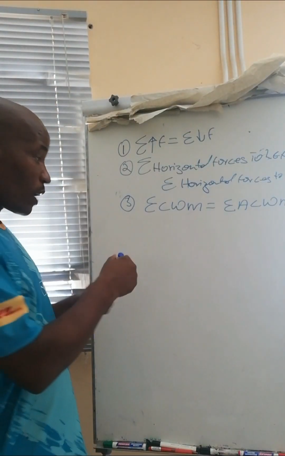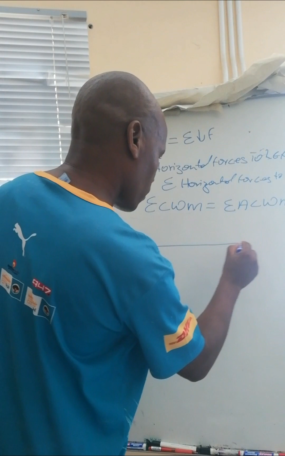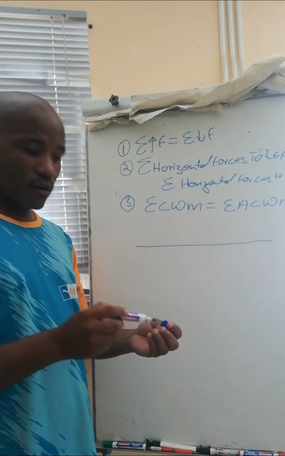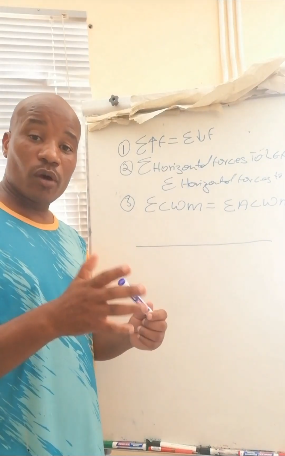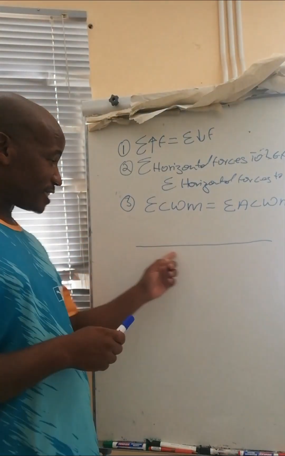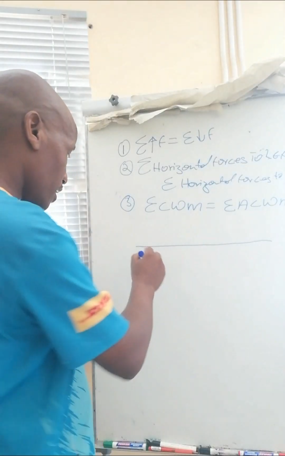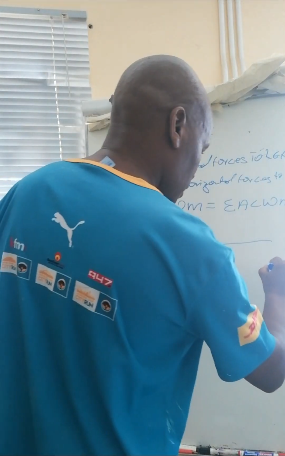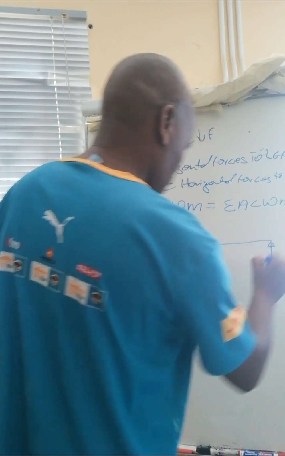Well, we're going to give an example. Practically speaking, let's say this is a beam. Normally for this level, N1, N2, let's say this is a simply supported beam, supported at both ends.